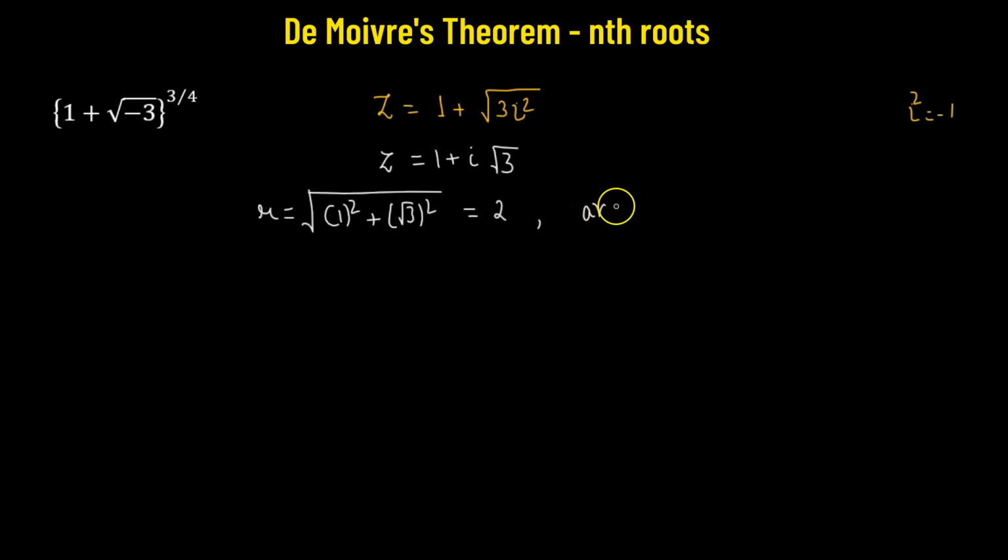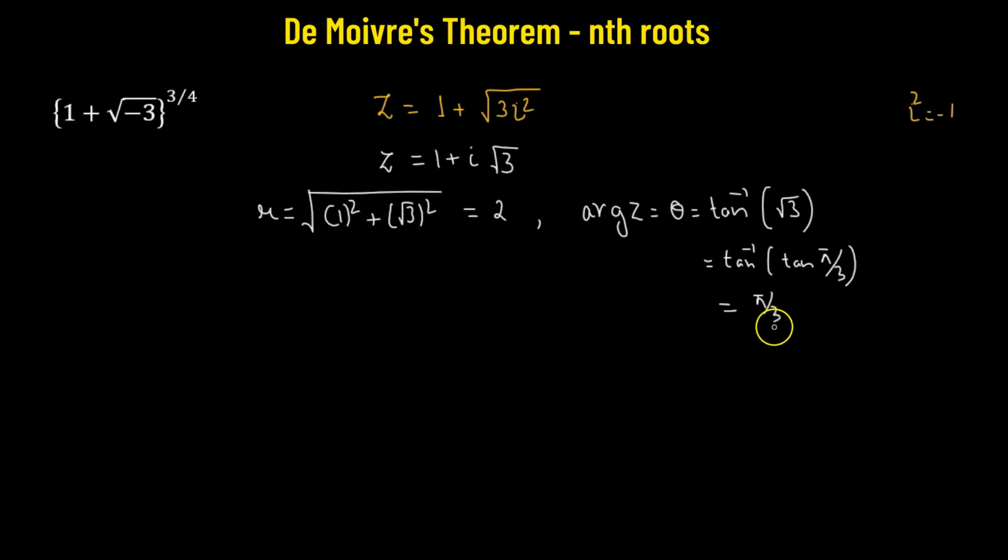And the argument of our complex number, argument of z, which is theta, is given by the inverse tangent of the imaginary part, which is square root of 3, divided by the real part. So we have tangent inverse of square root of 3. Now we know that square root of 3 is actually tangent of pi over 3. The tangent inverse of tangent of pi over 3 will give us the value pi over 3. So here we have our argument as pi over 3.